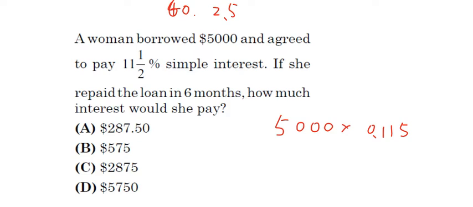This is 1 year. But she paid only 6 months. So 6 months is a half year. So we multiply by half.